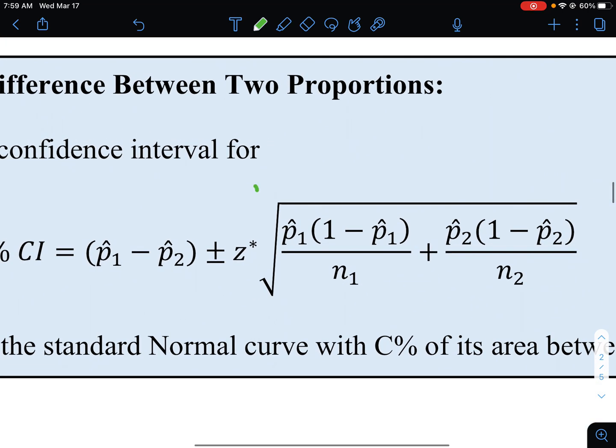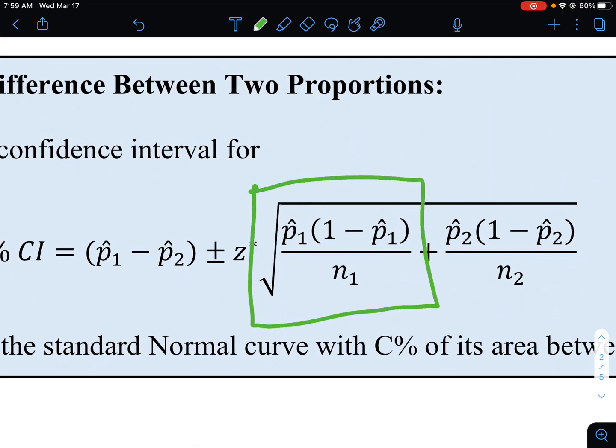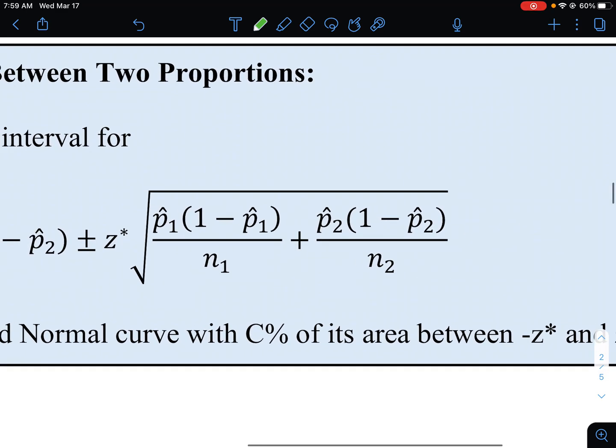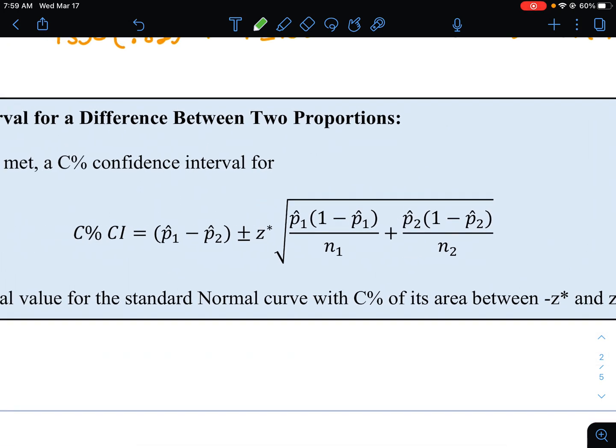And this before was our standard deviation. But now we have 2 populations. So if you remember this from before, we just do the first one, add the second one, all under one big square root. This formula is also going to be on that AP Stats formula sheet that's available on Schoology.